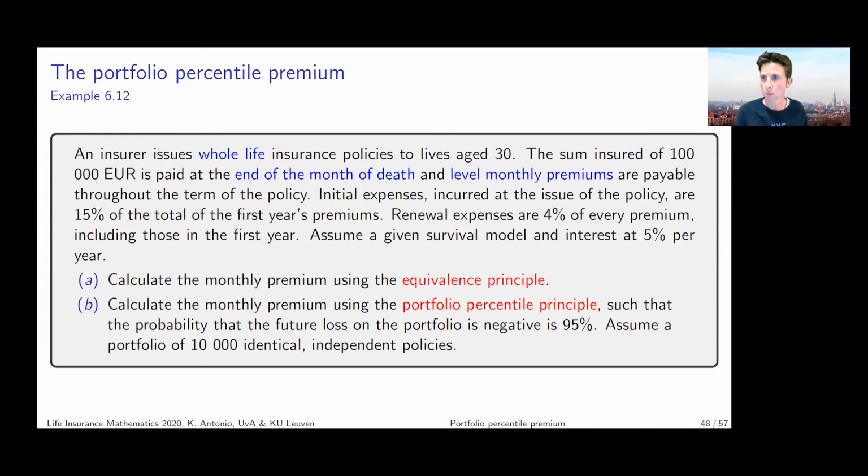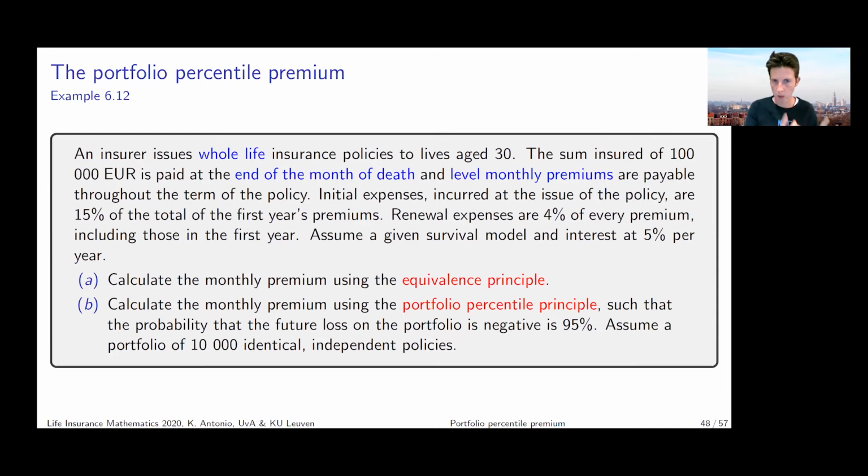And think about Sally's question. Here we say that the probability that the future loss is negative should be 95%. And we can assume that there are 10,000 identical independent policies sold in our contract, for this particular product. So we start with part A. That's something we learned already.